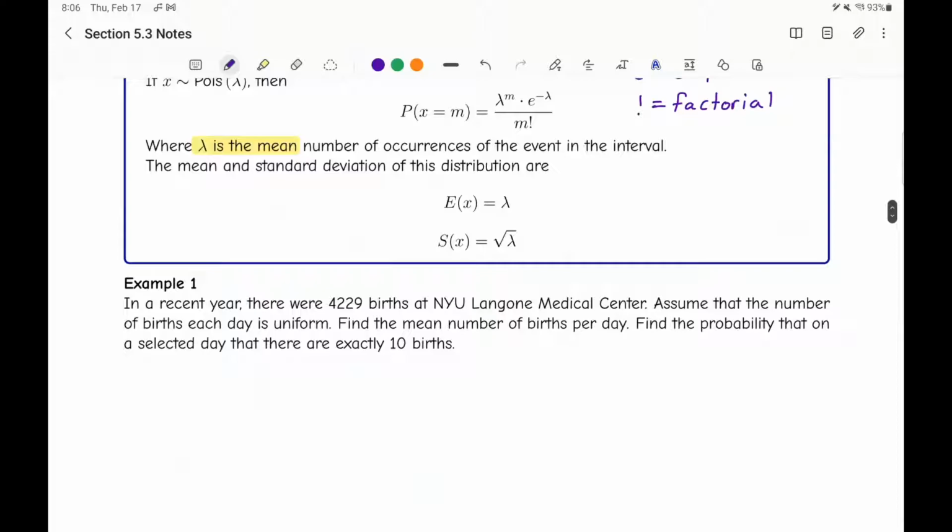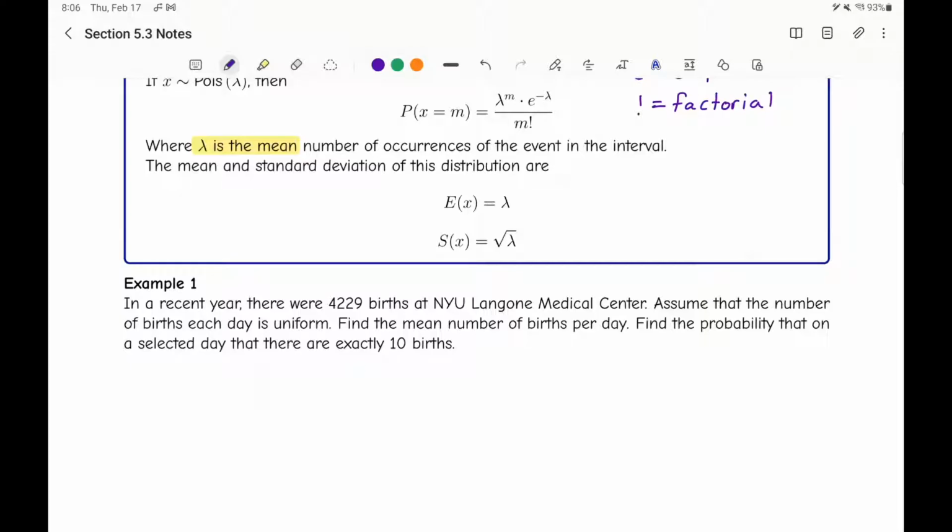In a recent year, there were 4,229 births at the New York University Langone Medical Center. Assume the number of births each day is uniform. Find the mean number of births per day, then find the probability that on a selected day there are exactly 10 births.